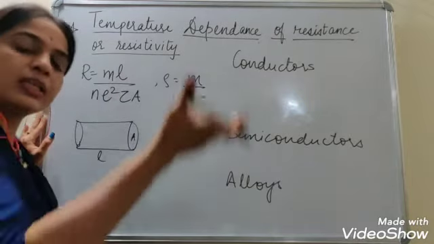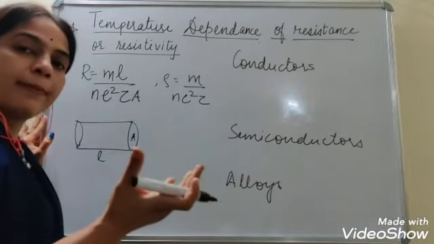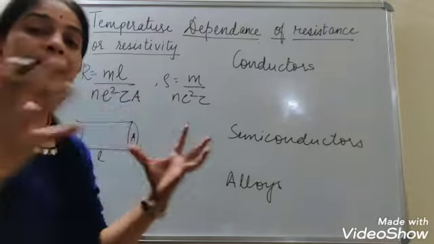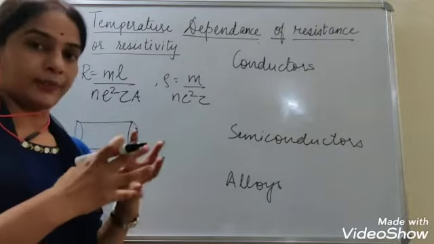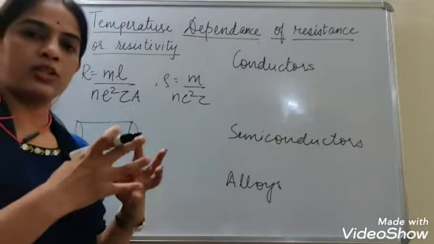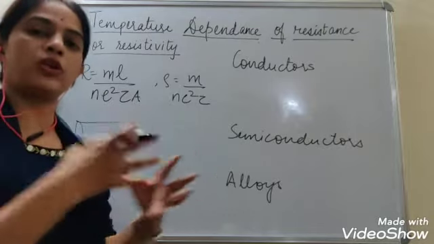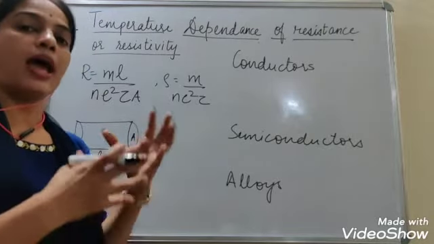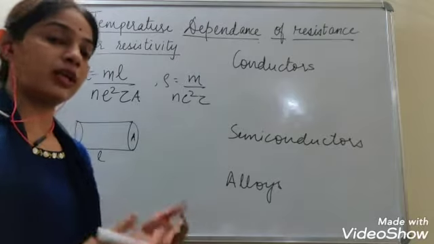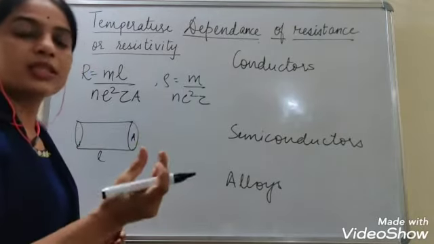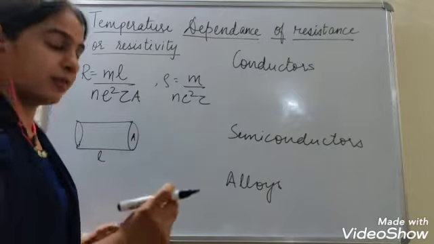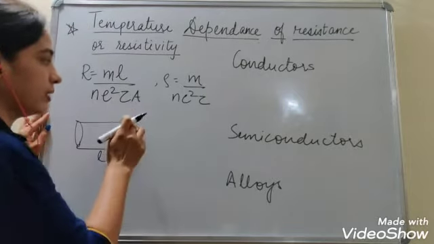When you increase the temperature, the collisions will take place more rapidly. The electrons will start colliding more, and since the collisions increase, the time between successive collisions will decrease. That is why τ will decrease.